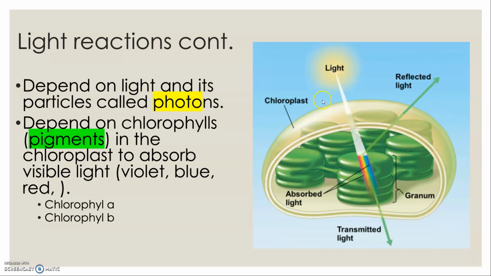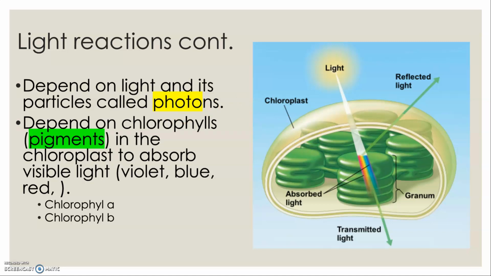It's other wavelengths of light. The light reactions are also again called light dependent because they directly depend on light and the particles in light called photons, which is why we call this process photosynthesis. We rely on these photons, which are just particles of light.